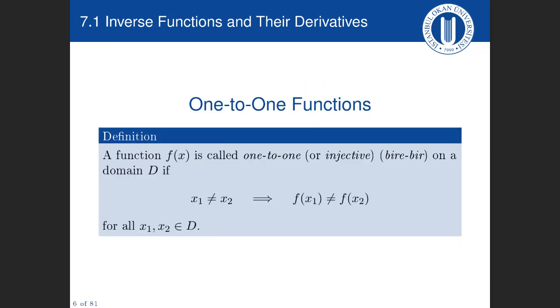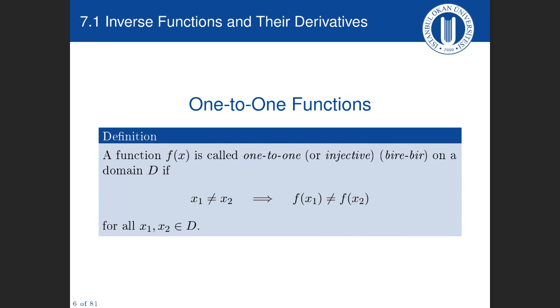That brings us on to this idea of one-to-one functions. Intuitively, a function is one-to-one if each number in the target has at most one arrow pointing towards it. Or to say it another way, 2 different arrows point to 2 different numbers.